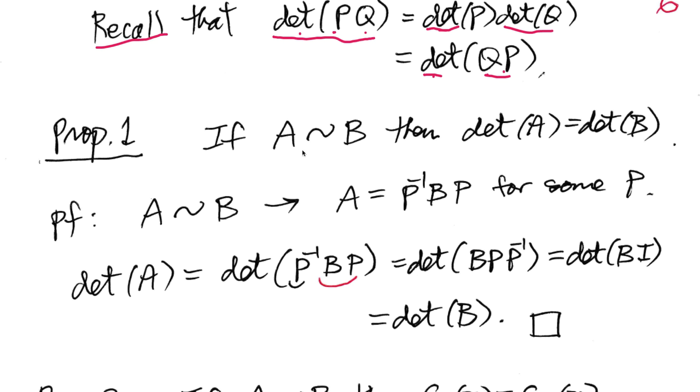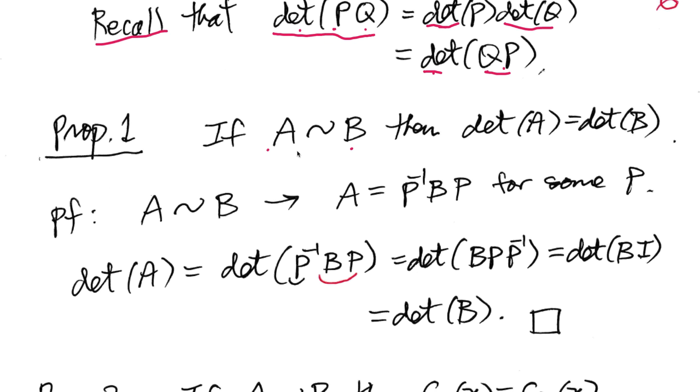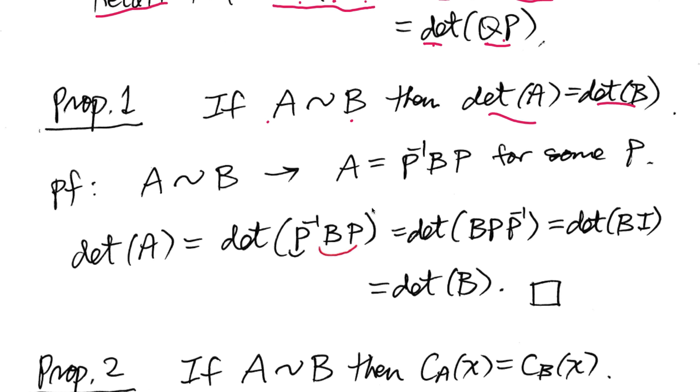Proposition 1: if A is similar to B, or you could even say now, if A and B are similar, if you wanted to read it that way, that would be fine now because it's symmetric, but I'll just read it this way: if A is similar to B, then they have the same determinant. Let's see why.